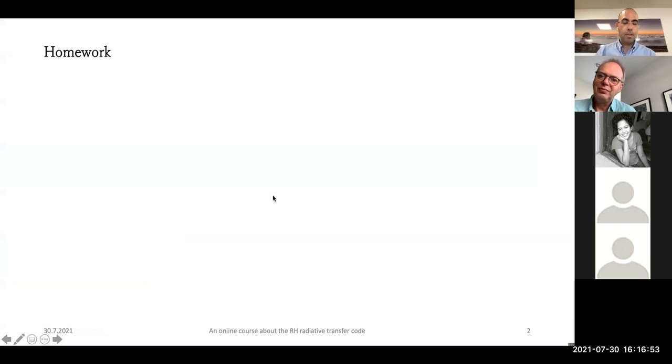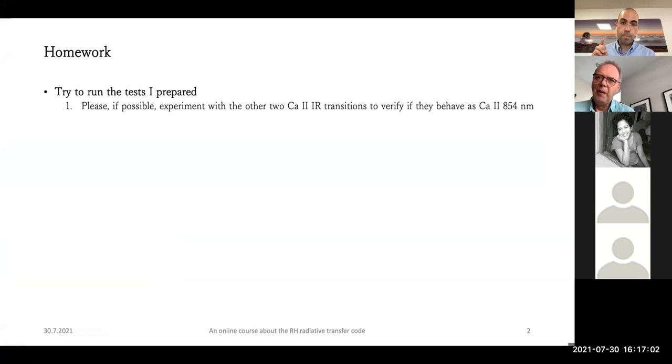No? Okay. So then, as homework, as always, try to run the test I prepared. One exercise, we said today that there are several exercises, but one could be to do exactly the same, but for the other two infrared lines, 8498 and 8665, which I think are the two infrared transitions, just to check if you see the same behavior, that PRD seems to be not very important for those lines.